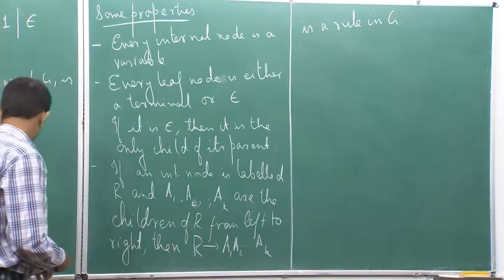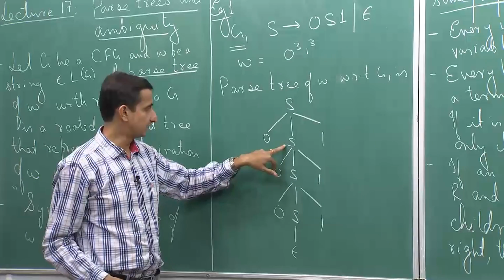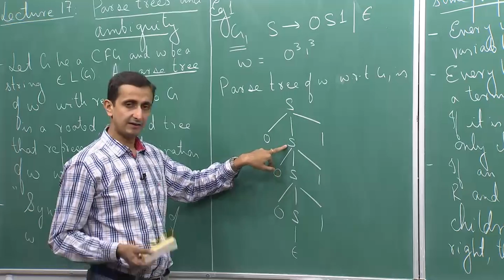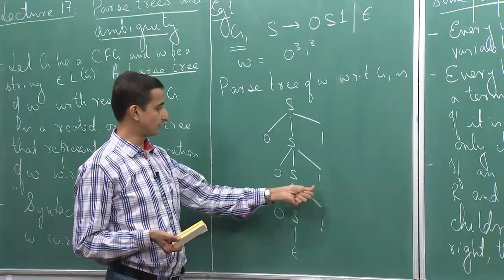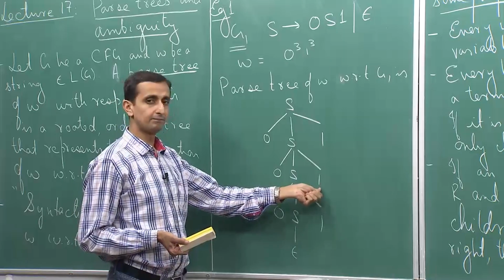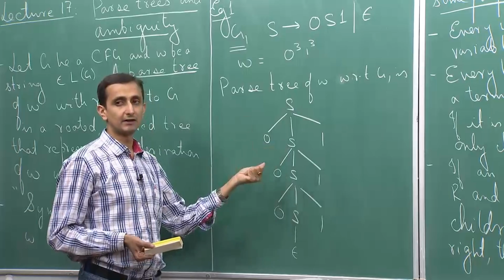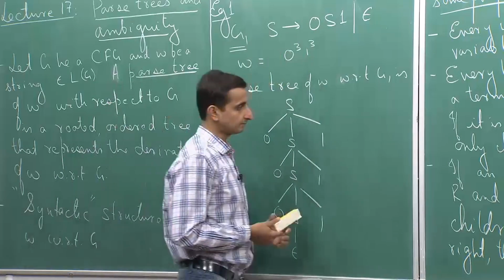For example, let us look at this internal node. We have some variable on it, S in this case, and if you look at the children of that internal node from left to right, 0, S, 1, then S going to 0 S 1 is a rule in the grammar.